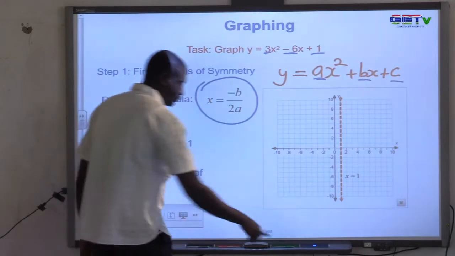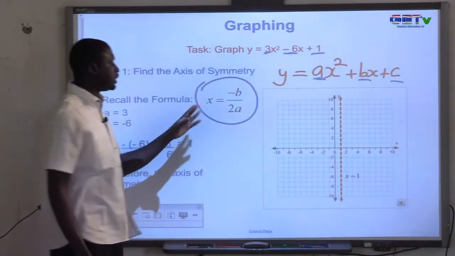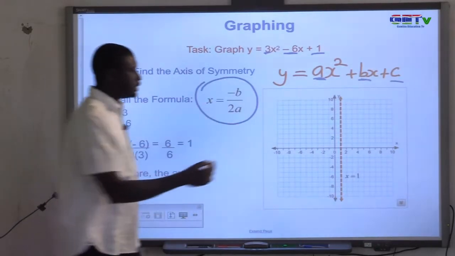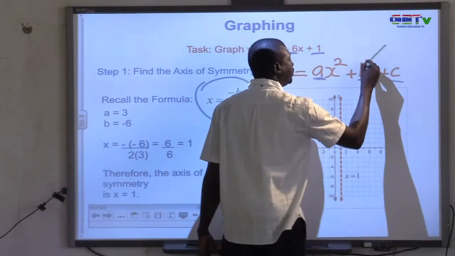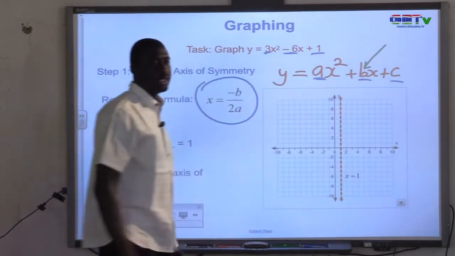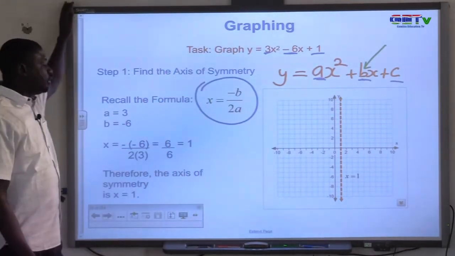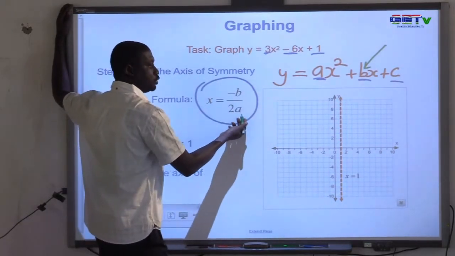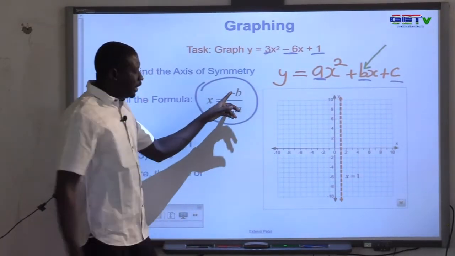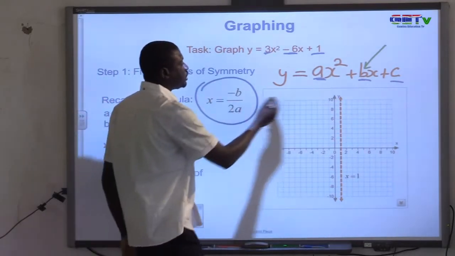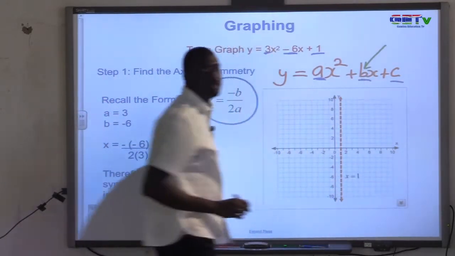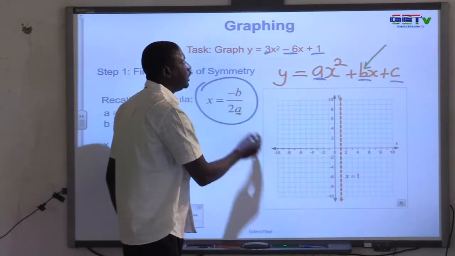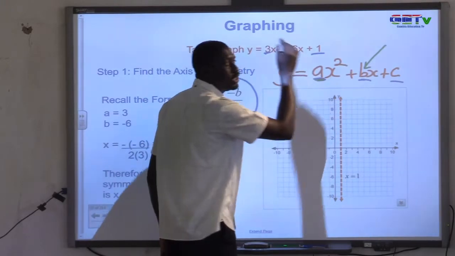That's the first step. And the formula is x equals minus b all over 2a. This b is this linear term there. That's the b that we're looking for. Recall the formula. The formula is x equals minus b all over 2a. This b is the b value of the linear term of the quadratic function. And the a is the coefficient of the quadratic term.